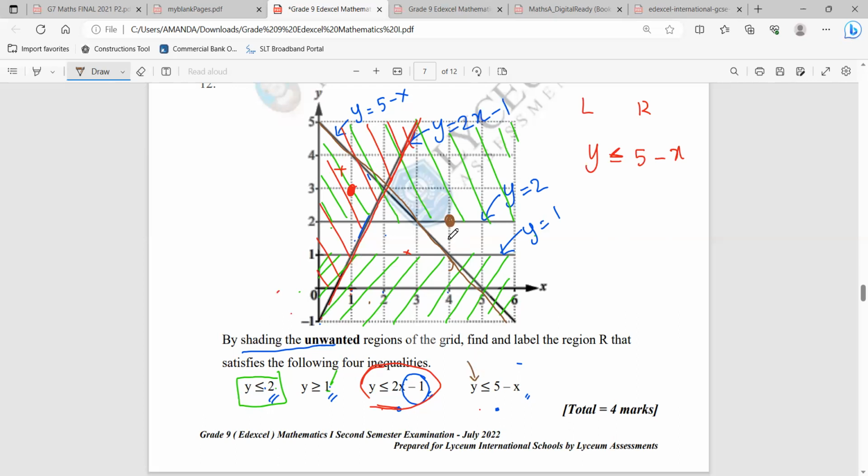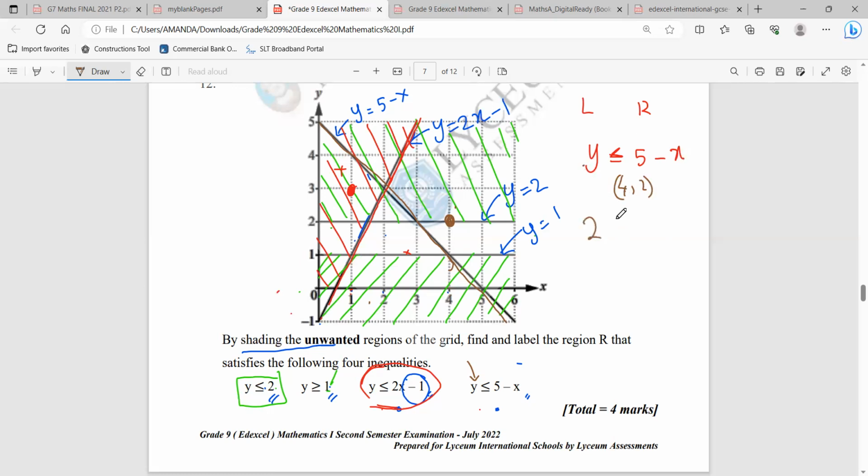So this coordinate is 4, 2. I'm going to put 4, 2 into the inequality. So when x becomes 4, y is 2.